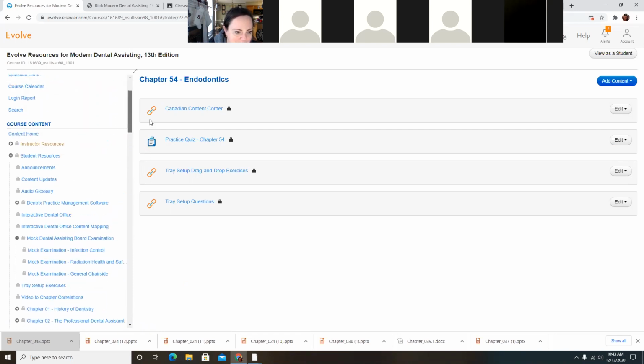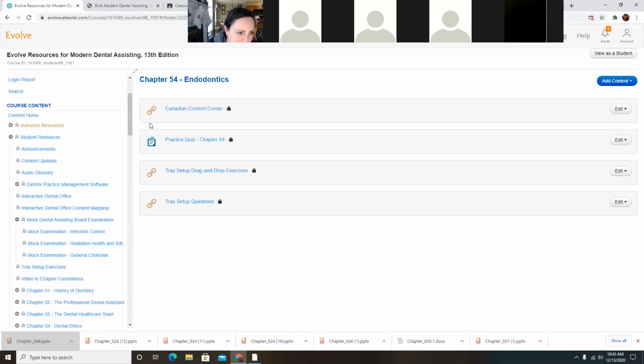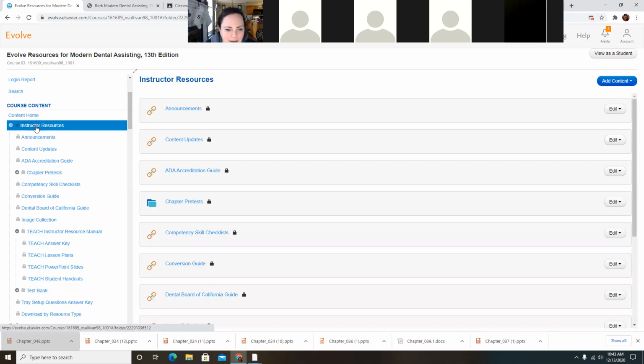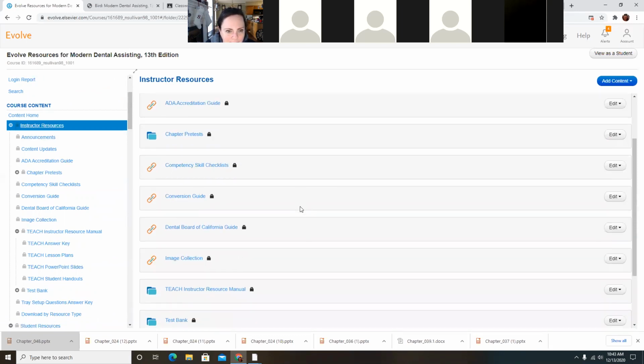I'm sure some of your doctors do it sometimes, but does anyone actually work with an endodontist here? No? Okay. Has anyone ever done a root canal? Yeah. Okay. It's like this whole other area of dentistry that nobody really, I feel like that and perio are like these weird little areas that nobody will delve into.